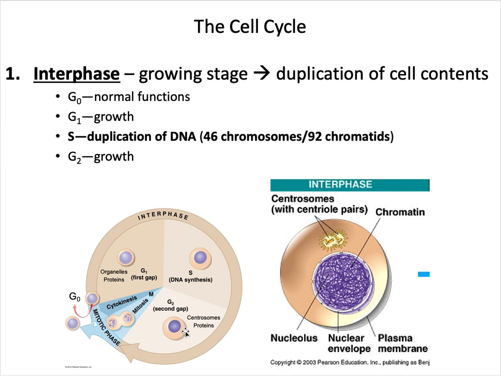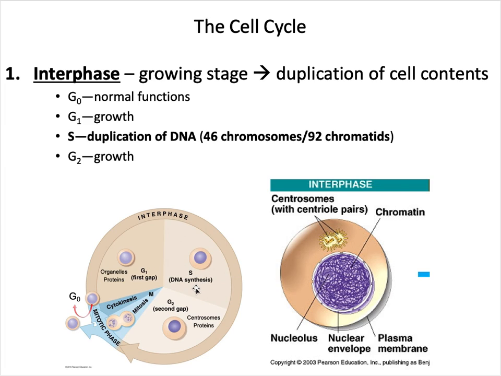So let's go through these phases. Here we have what's called G1, or first gap. This is when you are duplicating or replicating organelles and making proteins necessary for mitosis.